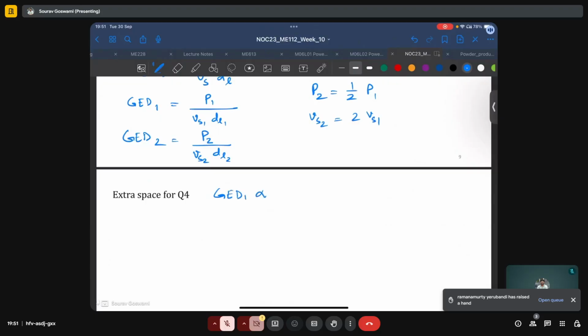GED1 is proportional to P1 by Vs1. GED2 is proportional to P2 by Vs2.